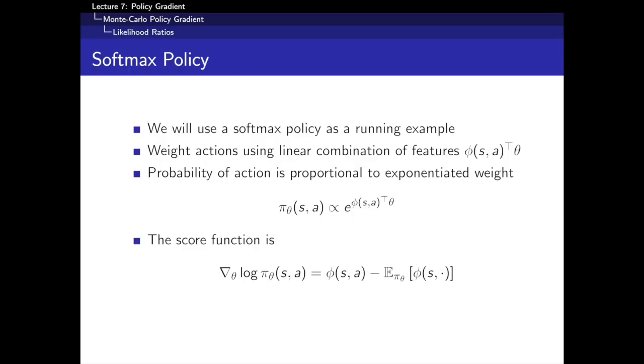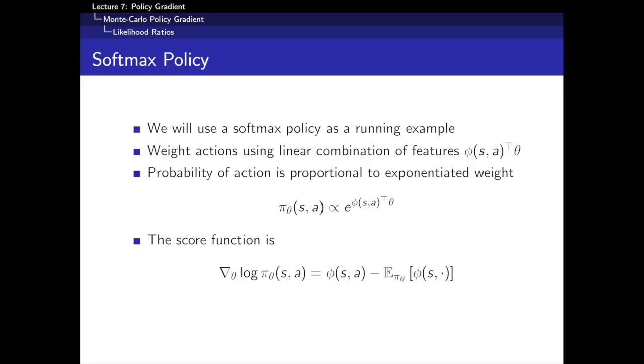So this is called the linear softmax policy. A softmax in general is a policy that's proportional to some exponentiated value. And you can choose those values to be anything you want. And here we're just parameterizing those values in the simplest possible way by using a linear combination of some parameters with our features. So this is a very straightforward way to parameterize a policy in a discrete domain.